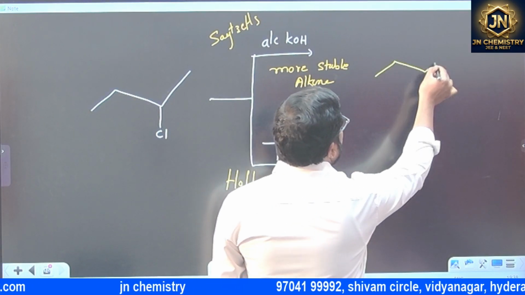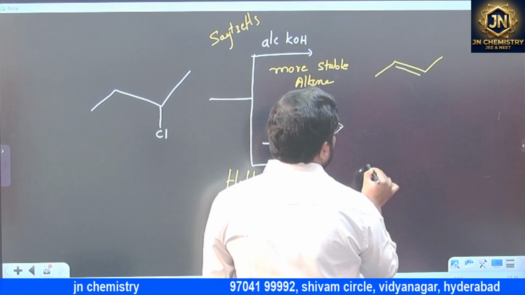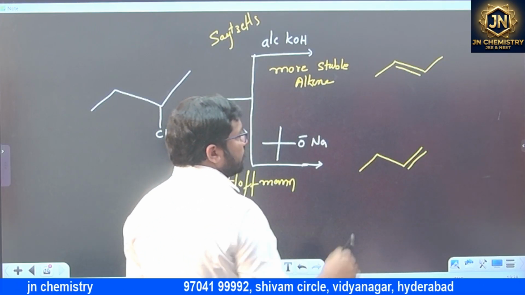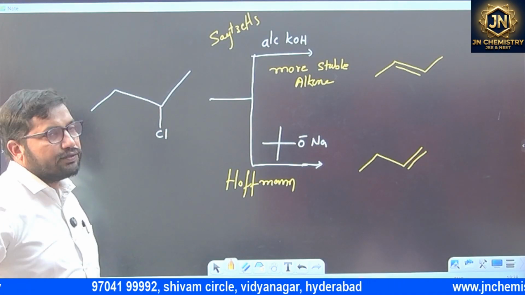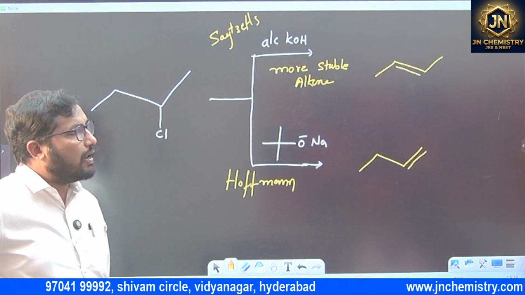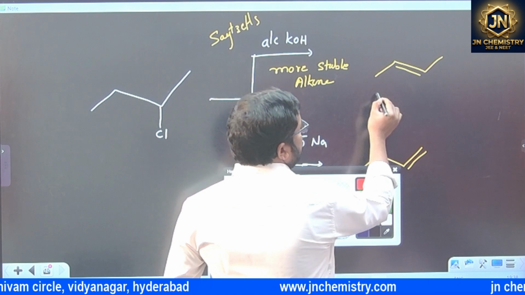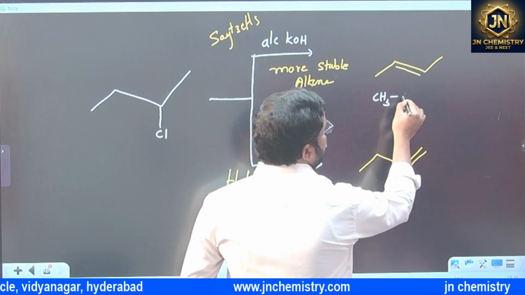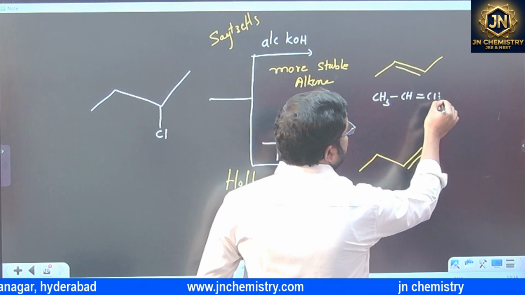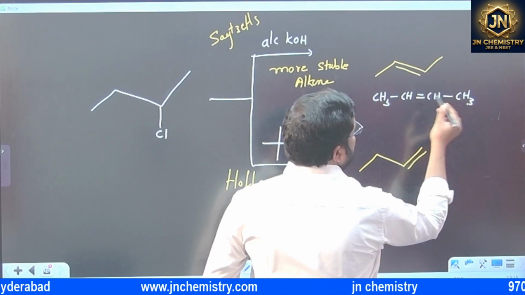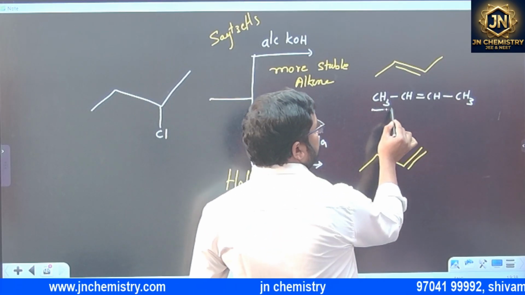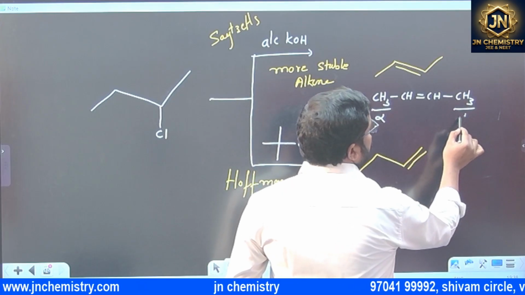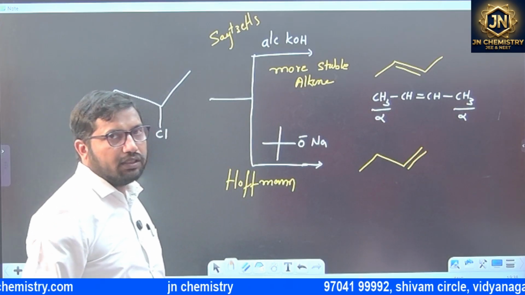Here the product is like this. First write the products. In these two cases, which alkene is more stable? Here it is CH3CH=CHCH3, with a total of 6 alpha hydrogens, 3 plus 3.